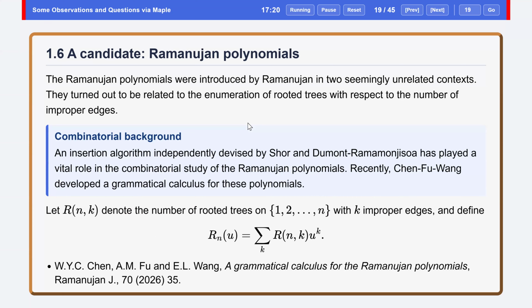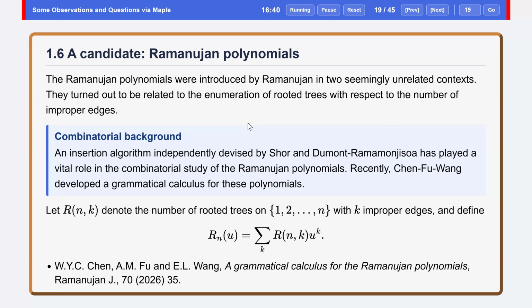Another candidate: recently we studied the Ramanujan polynomials. Those polynomials were introduced by Ramanujan in two seemingly unrelated contexts. They turned out to be related to the enumeration of rooted trees with respect to the number of improper edges. For the combinatorial background, an insertion algorithm independently devised by Shor and Dumont has played a vital role in the combinatorial study of these polynomials.